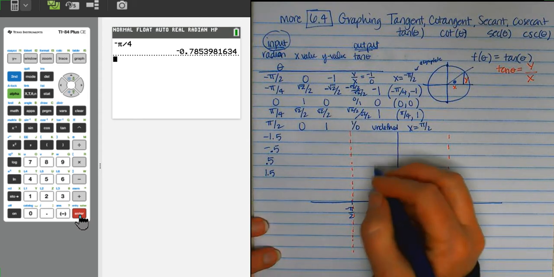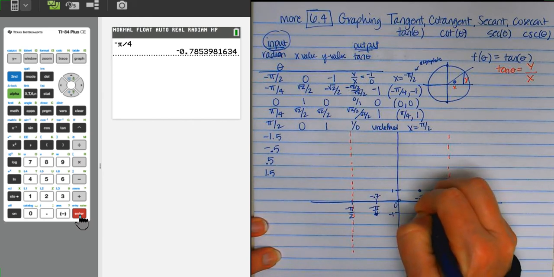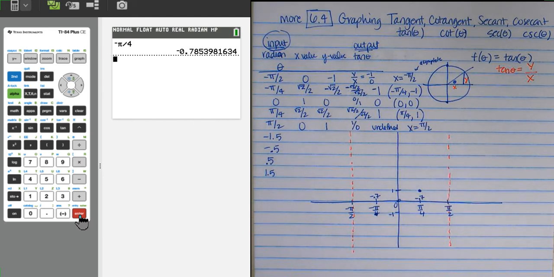So this is the same thing as -0.7 as far as numbers go. Just like pi is 3.14, the other values have actual number values. So I picked values that are around that. So -1.5 is somewhere close to -pi/2.